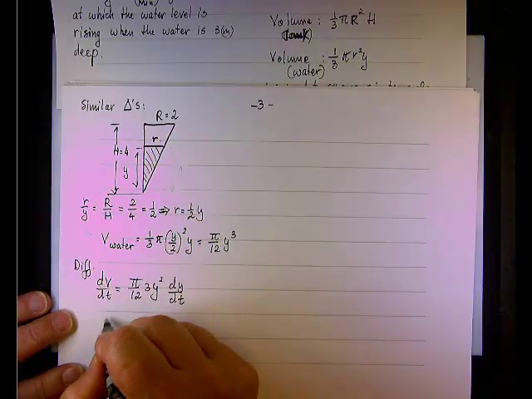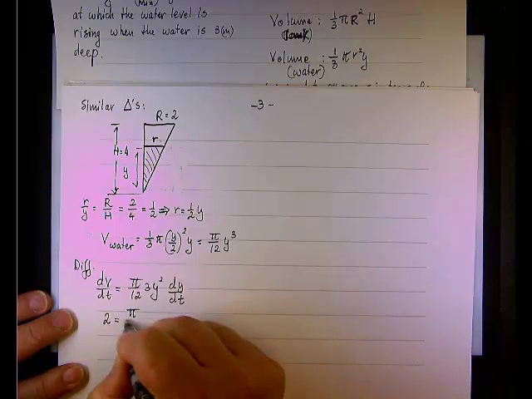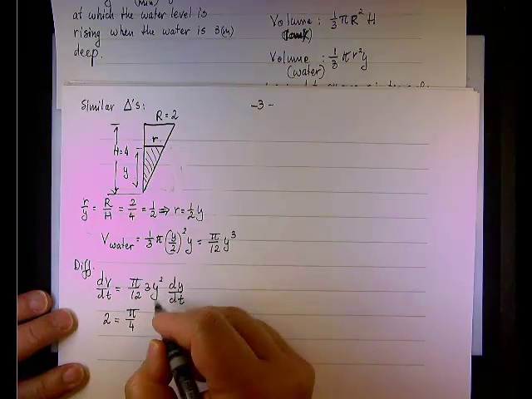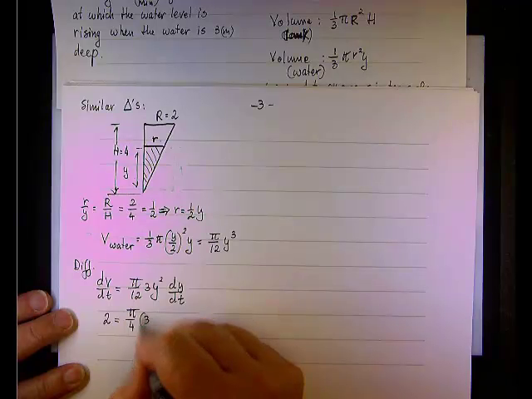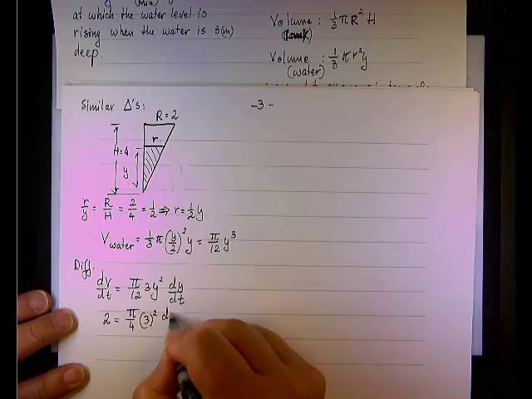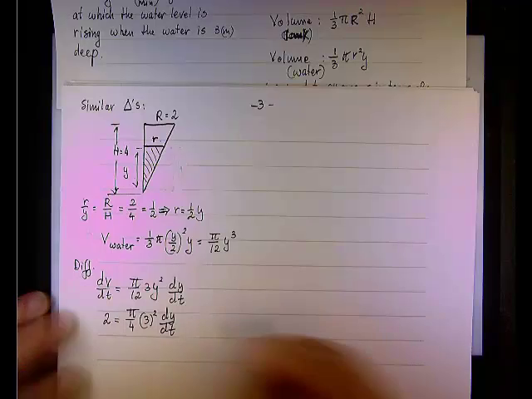Now, all of these are known quantities. We know dV/dt equals 2. Here we can simplify it as pi over 4. y equals 3. And dy/dt is the quantity that we want to solve for.